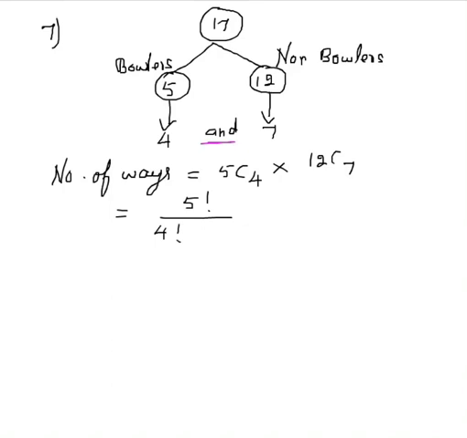5 factorial divided by 4 factorial times 5 minus 4 is 1 factorial, multiplied by 12 factorial divided by 7 factorial, and 12 minus 7 is 5 factorial.